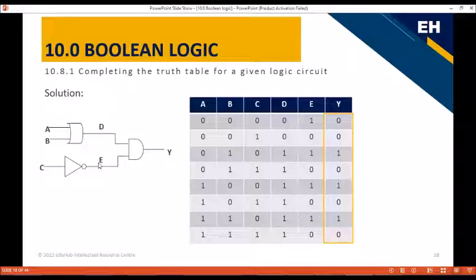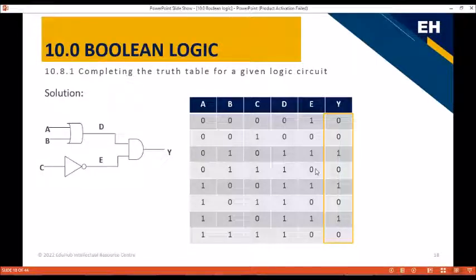For E, whatever we have on C will be reversed to its opposite. So 0 for C changes to 1 for E, and 1 changes to 0 for E. C is 0 and E is 1.